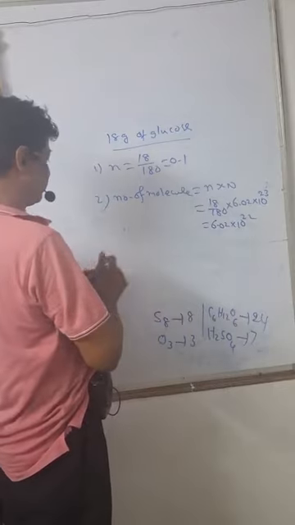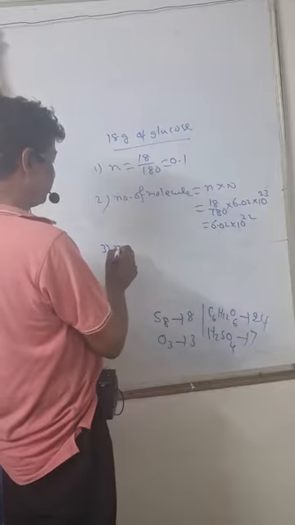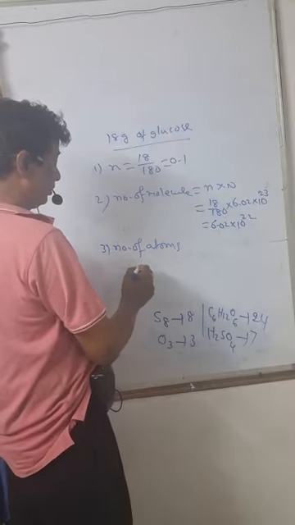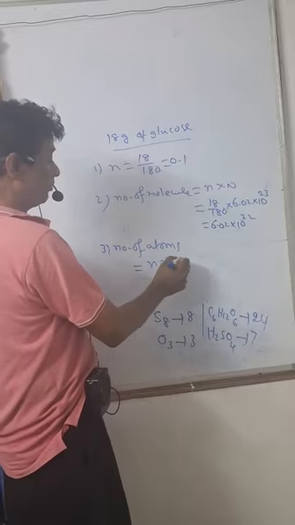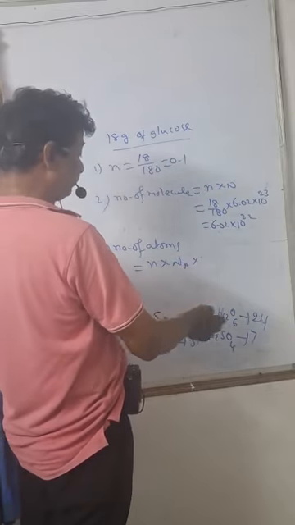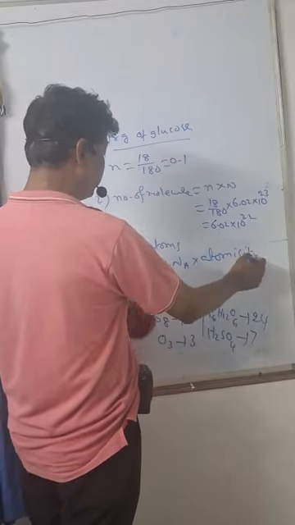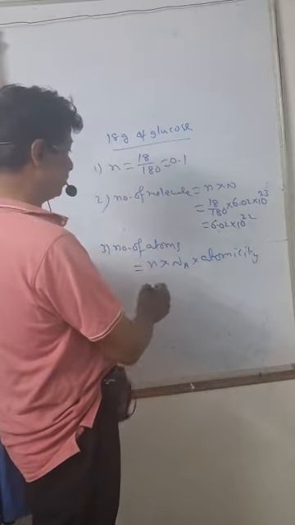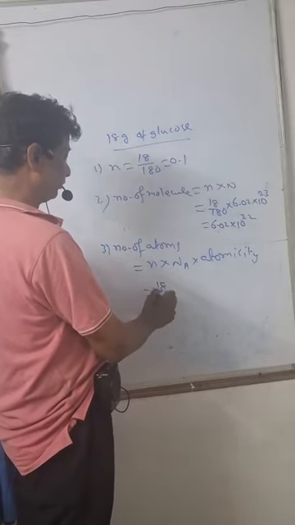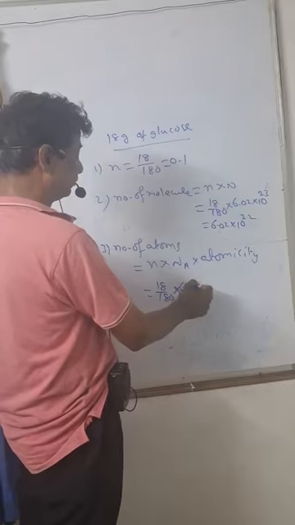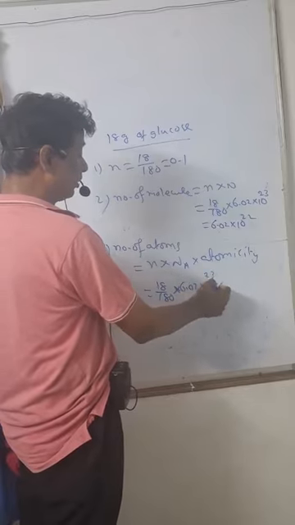Number of atoms. How to find number of atoms? It is equal to small n into capital N into atomicity. Atomicity means number of atoms per molecule. Small n, capital N into atomicity.